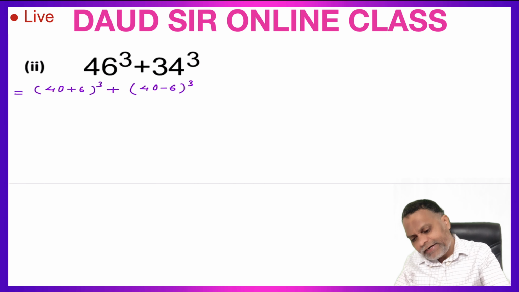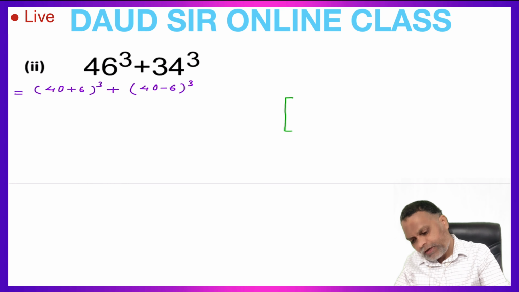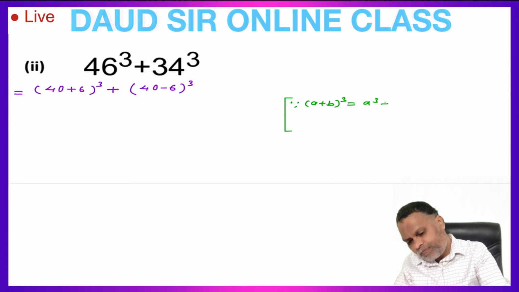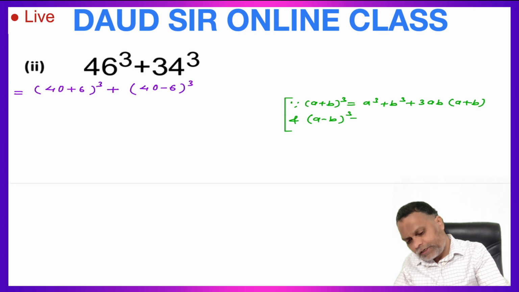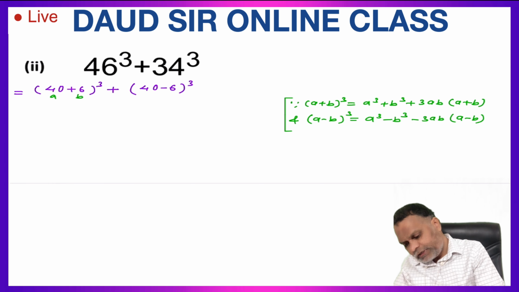Now apply the identities. (A plus B) whole cube is equal to A cube plus B cube plus 3AB into (A plus B), and in the second term the (A minus B) whole cube identity, A cube minus B cube minus 3AB into (A minus B). Here A is equal to 40 and B is equal to 6.